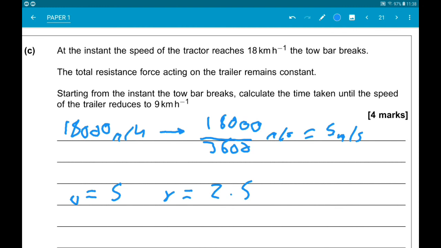Okay, so what would be really handy here is if we could work out the acceleration, and then we can use V is U add AT. Now, luckily we can work out the acceleration. We know the only force acting on the trailer is now the resistant force, which, because it's resistant, is going to be minus 600.